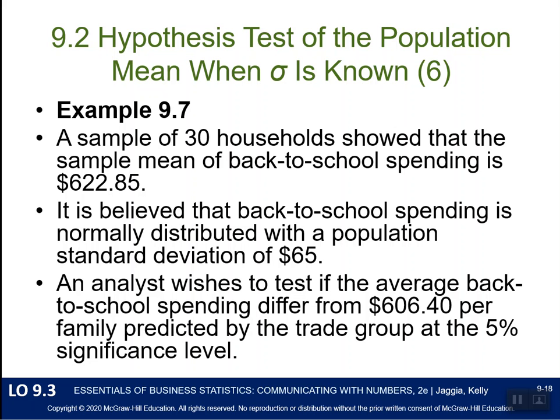Then we have an analyst who's testing to see if back to school spending is significantly different from the mean of 606.40 that the trade group predicted, and that's with a 5% significance level. So we know that the mean is above the 606.40. We're asking, is it above it enough to be statistically significant?